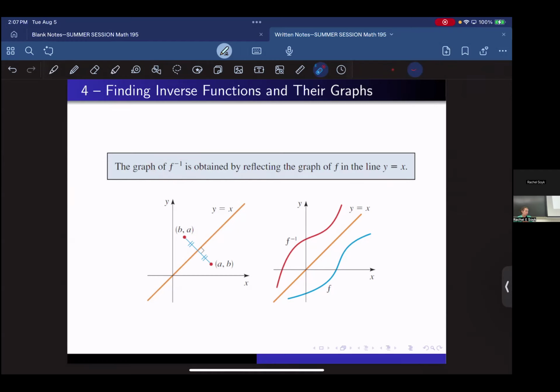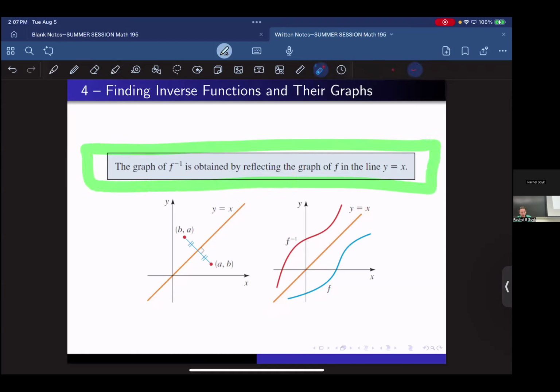Just to recap, with even and odd functions, even reflects across the y-axis, odd functions reflect across both the y and x-axis, aka the origin. And then inverse functions reflect across the line y equals x. y equals x is not the origin. It's completely separate. So, very important fact.